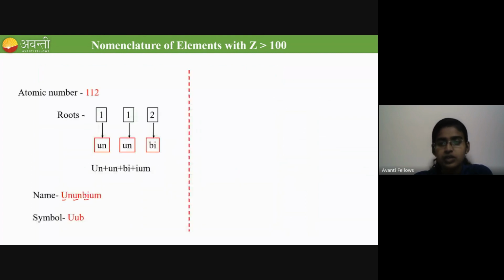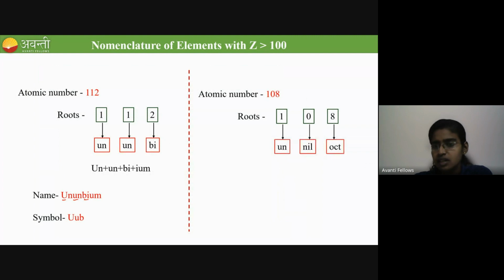Now we will see one more example. The atomic number is 108. What are the roots? 1, 0 and 8. For 1 we use un, for 0 it is nil, and for 8 it is oct. So un, nil, oct, and the suffix is ium.